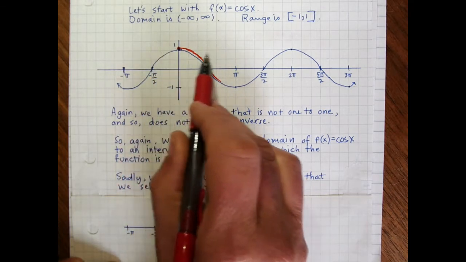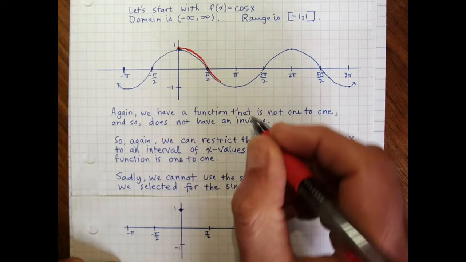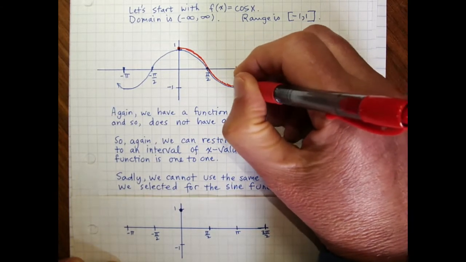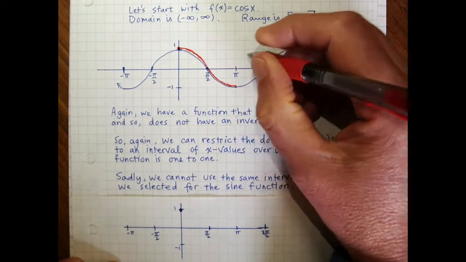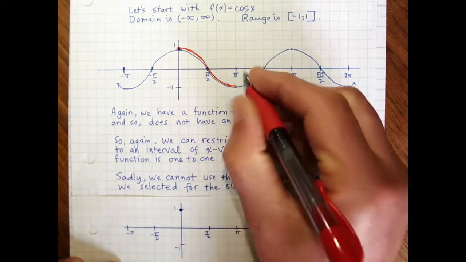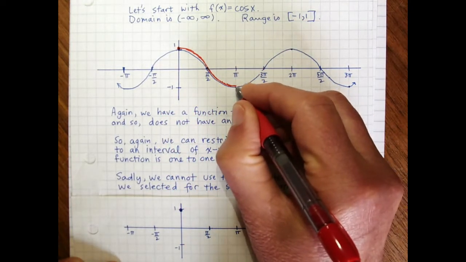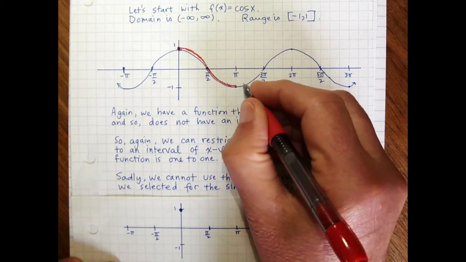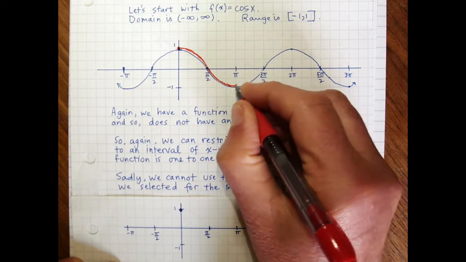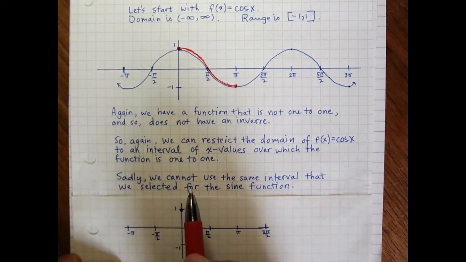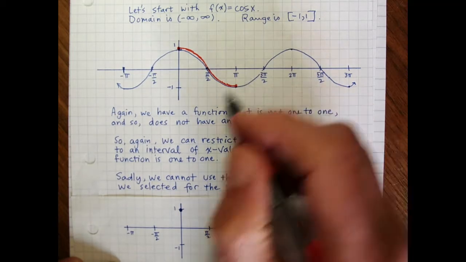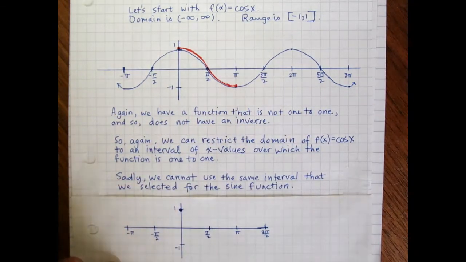A horizontal line will not cross the red graph more than once. And we can come all the way down to the point at pi, and once we get there, if I go any further, then I start rising from a midpoint, and I can't continue because we would lose our one-to-one property if I tried to take a larger interval beyond pi.